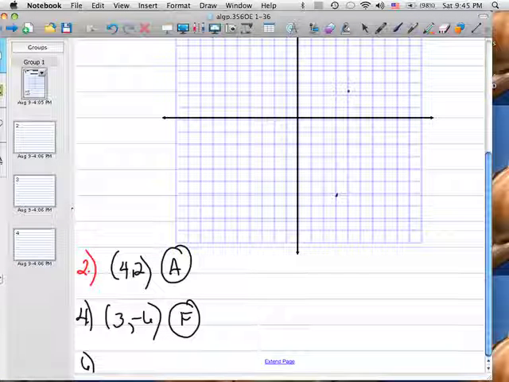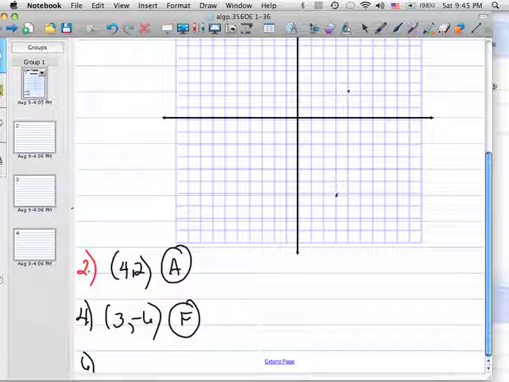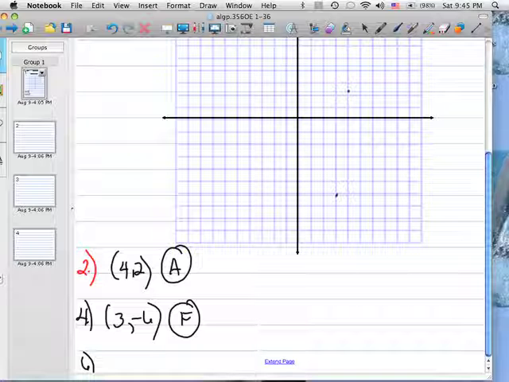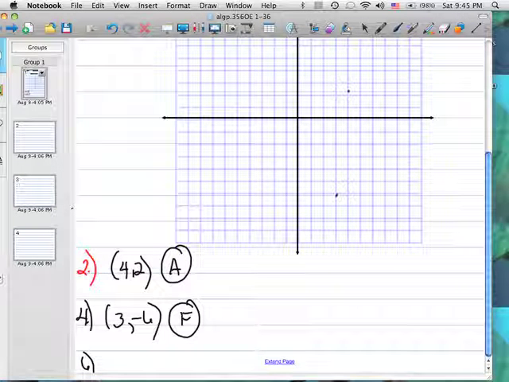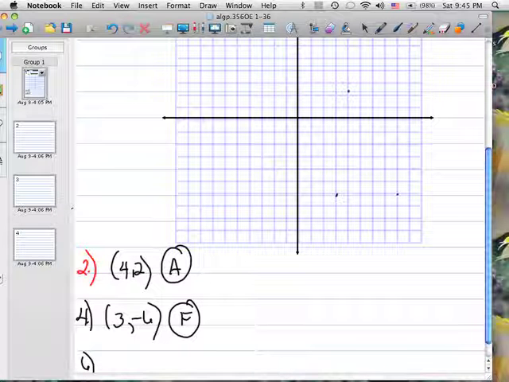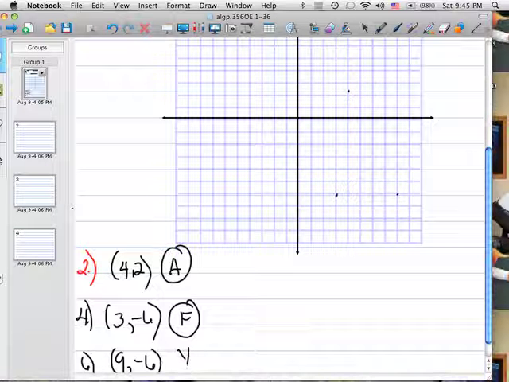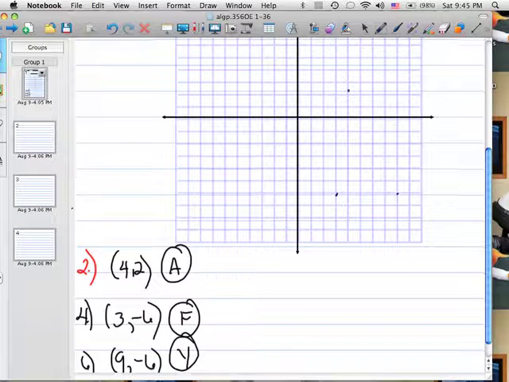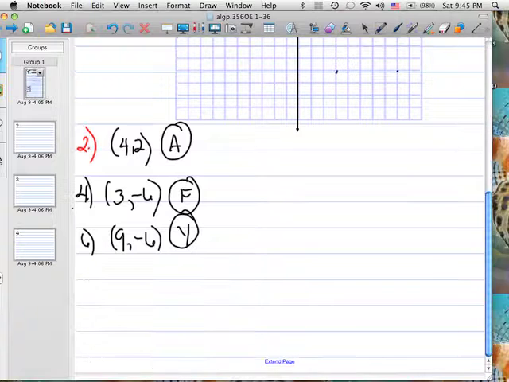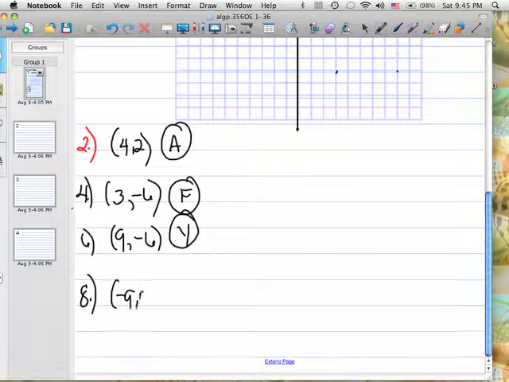Number 6, you have 9, -6. So they'd be 9 to the right, and then down 6. And that would be letter Y. Problem number 8 is -9, 0.